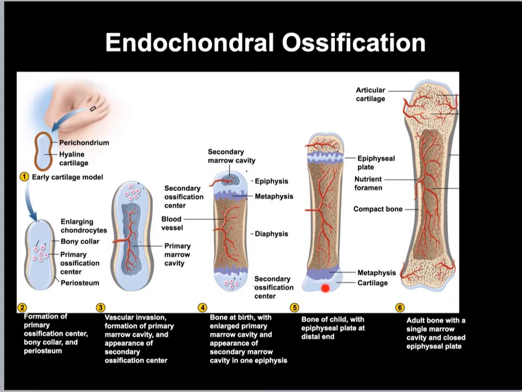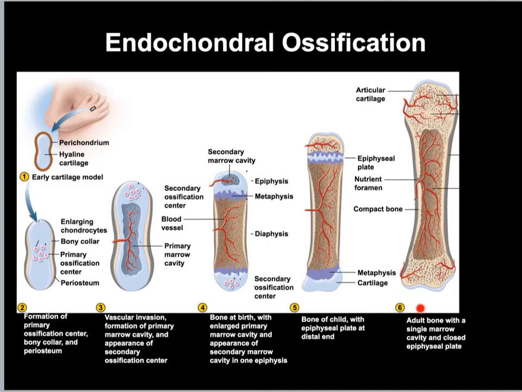And in earlier childhood, then, an epiphysis might be present in cartilage form at one end, and usually at this point it's starting to ossify into a marrow cavity, and you have a metaphysis present.